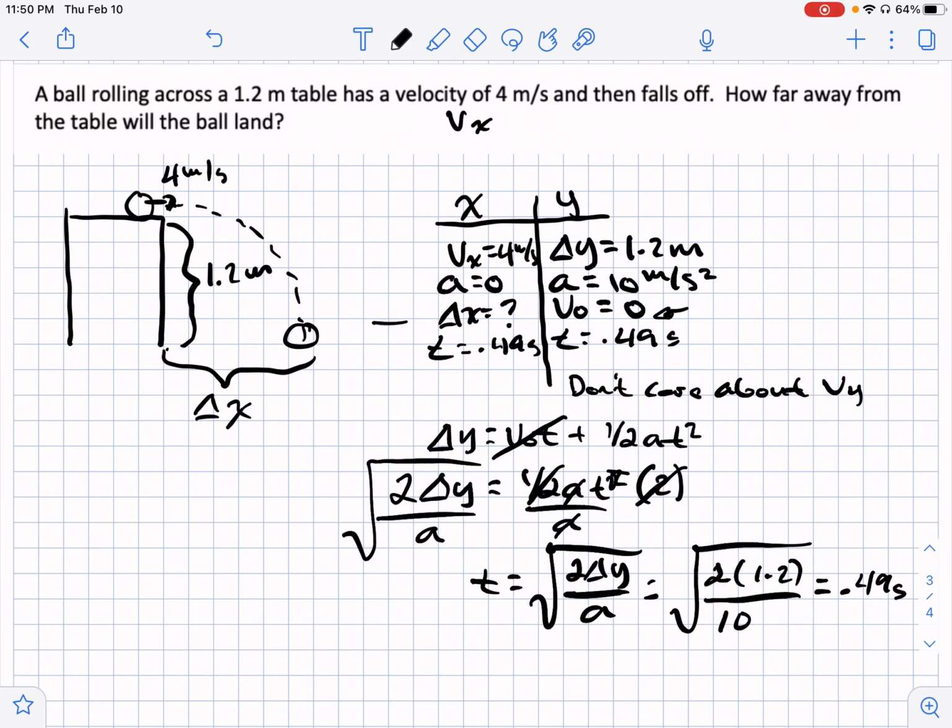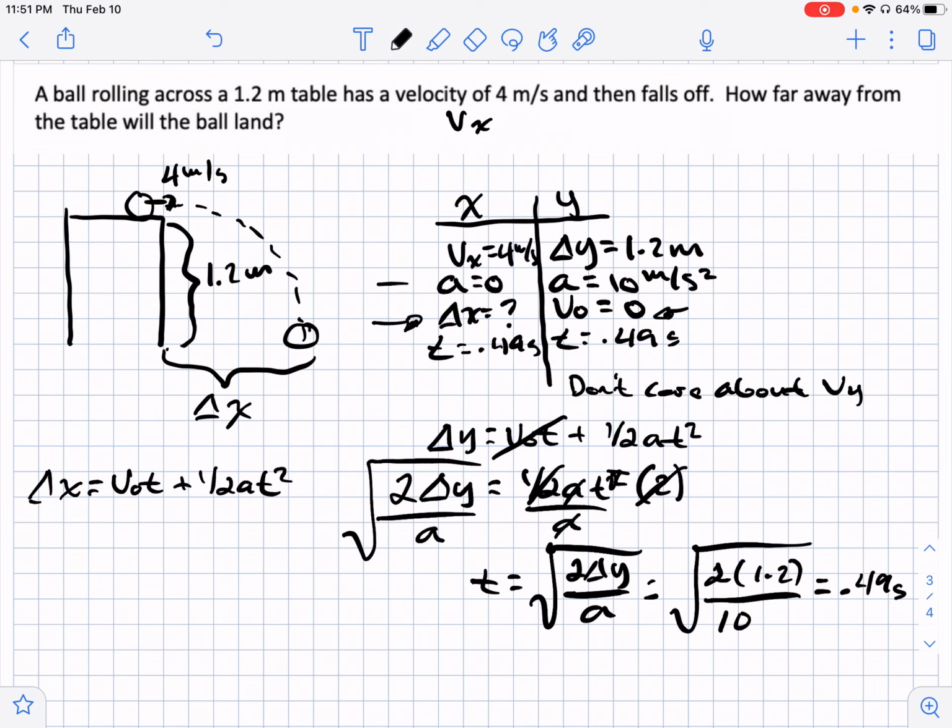Now we can solve what they really wanted, and that was your delta x. Because now we have three pieces of information there on the x side of our table. And so again, we don't care about our Vx here. So we're going to use the same equation. So delta x is going to equal V naught t plus 1/2 at squared.